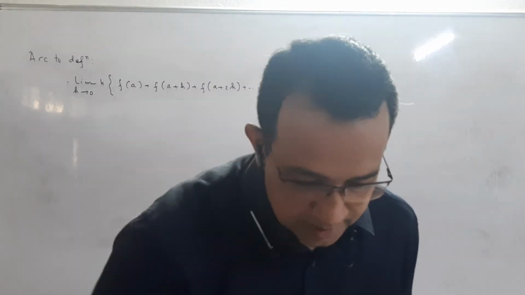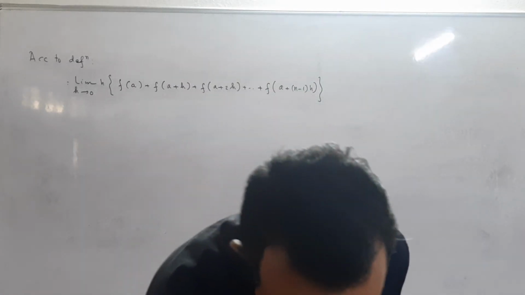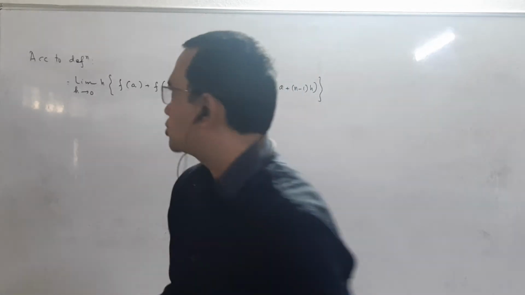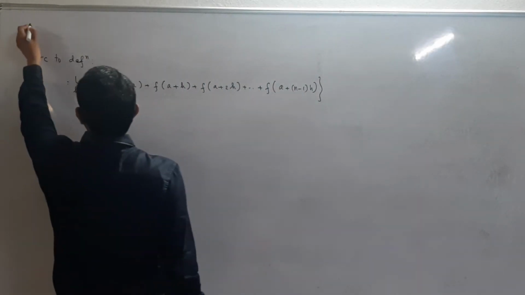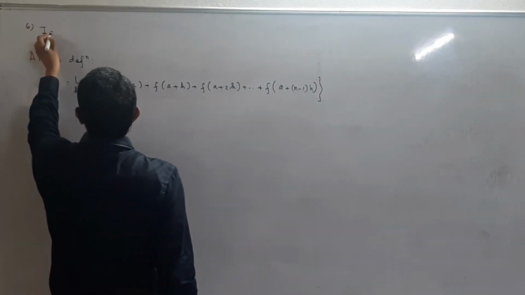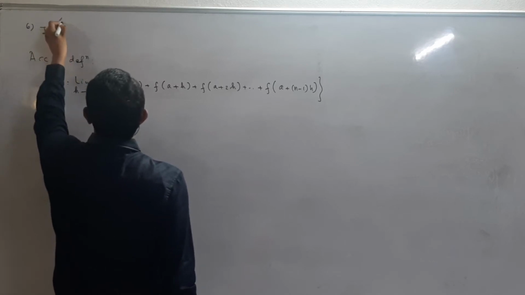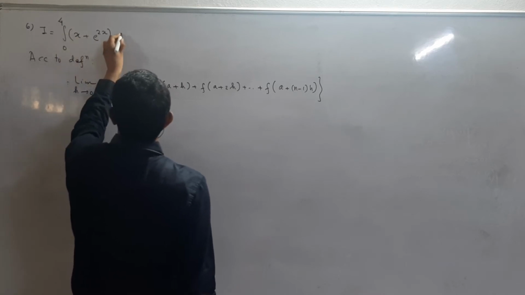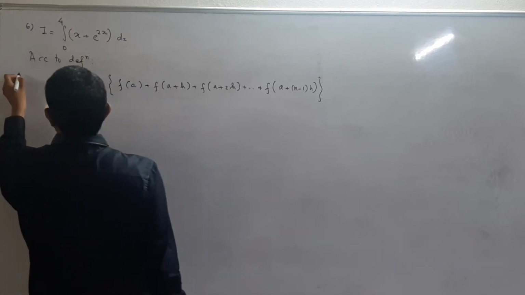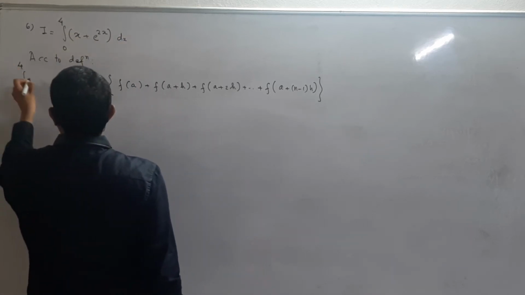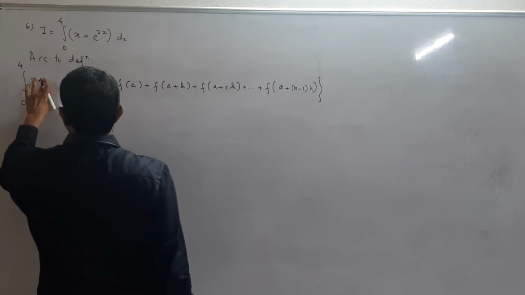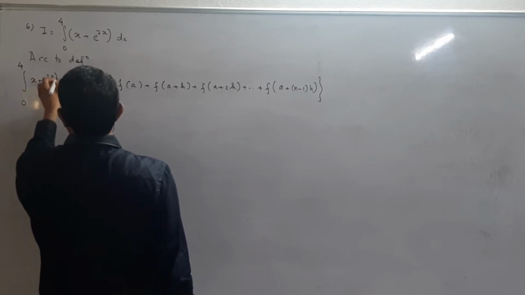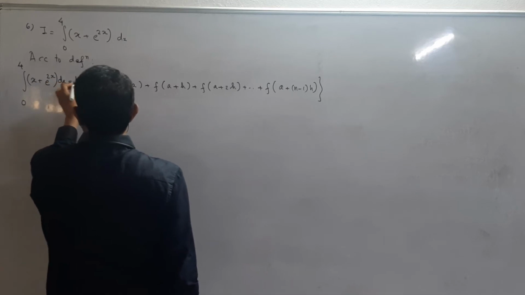Okay, the sum is integration 0 to 4 of x plus e raised to 2x. I is equal to integration 0 to 4 of x plus e raised to twice x dx.